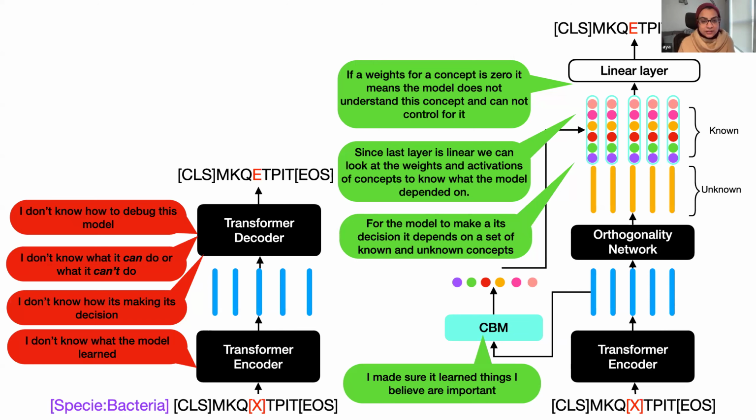One way to do that is to pass the embeddings into a different network, which is just an orthogonality network. You can think of it as a network that tries to disentangle two embeddings. We give it all the tokens, and it gives us a new representation of the tokens that does not have the concepts in them.